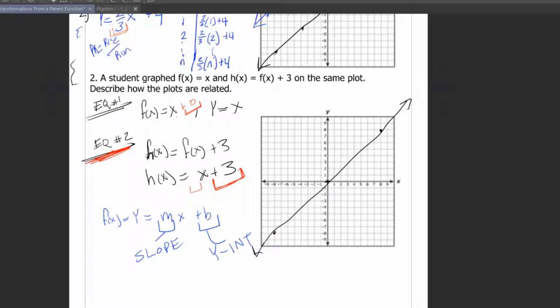Okay, so plotting that second equation in red, we go up 3 here, and then it's the same thing, right? So we go 1 to 1 changing because our slope is 1, which is rise over run.